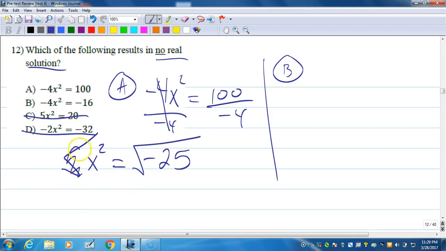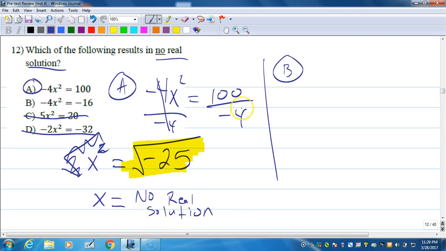The square root cancels this 2. You have x equals, and whoa. You cannot take the square root of a negative number. X is no real solution. The answer would be A.